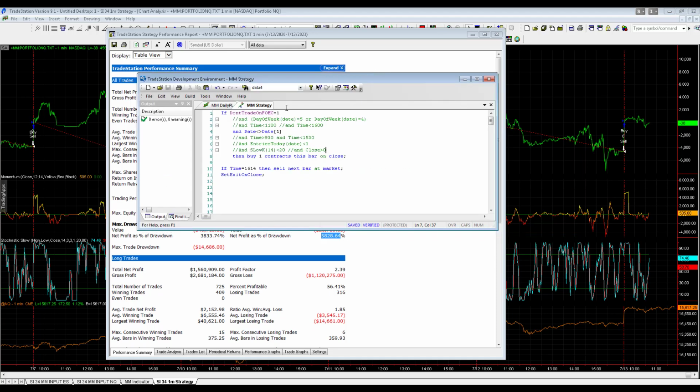So you could look at the NASDAQ and say the close of data 2 is greater than the open of data 2. So we're up on the day. So you're just taking long and short trades in your portfolio. If the NASDAQ is up on the day, you're taking long and short trades in the S&P and the NASDAQ strategy.